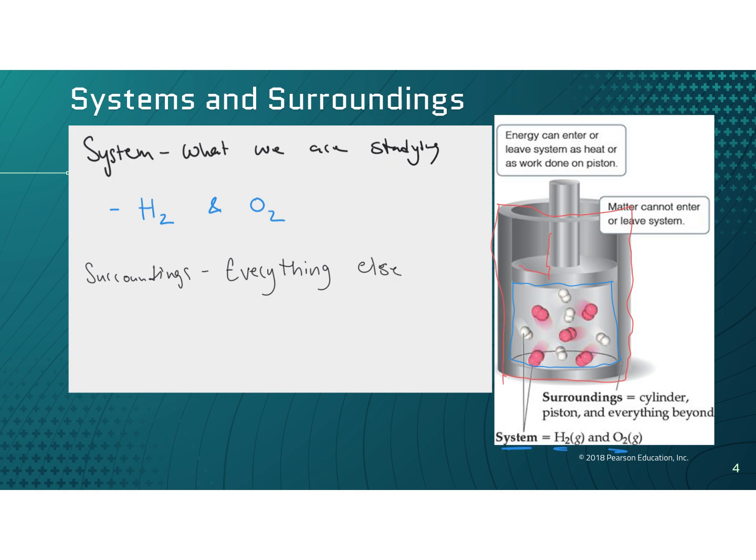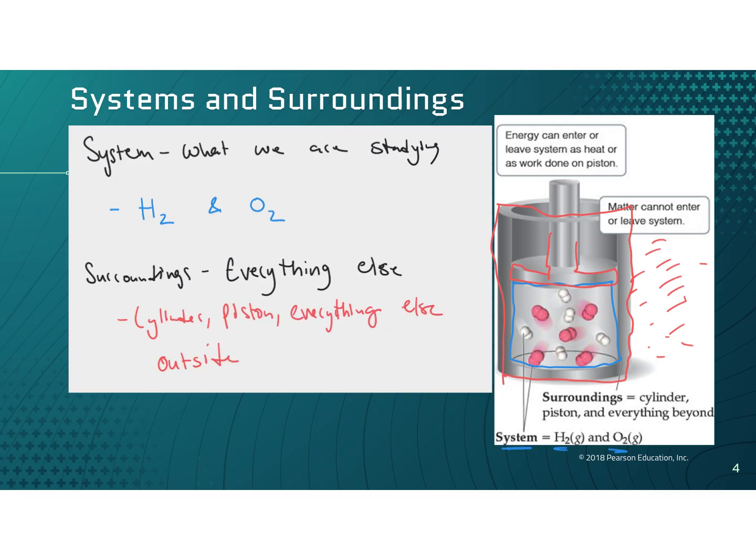The piston is part of the surroundings. And all this air outside, that's also part of the surroundings. And so in our example, it's the cylinder, it's the piston, and it's everything else outside. So whenever we need to think about energy being transferred, we need to think about the system we're studying and the surroundings.